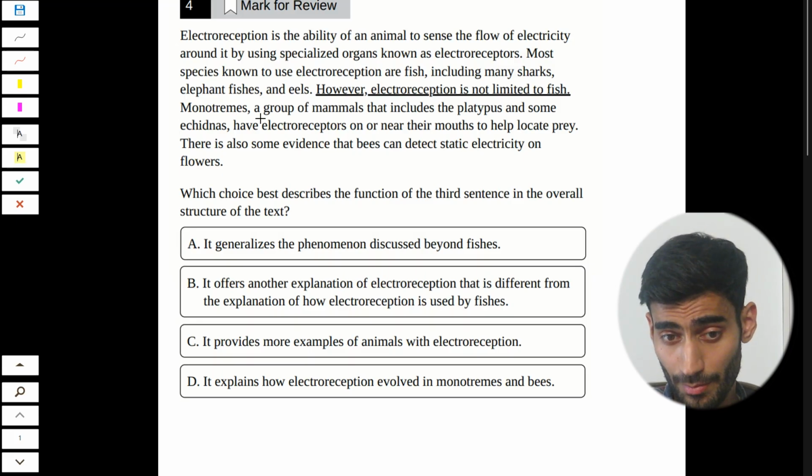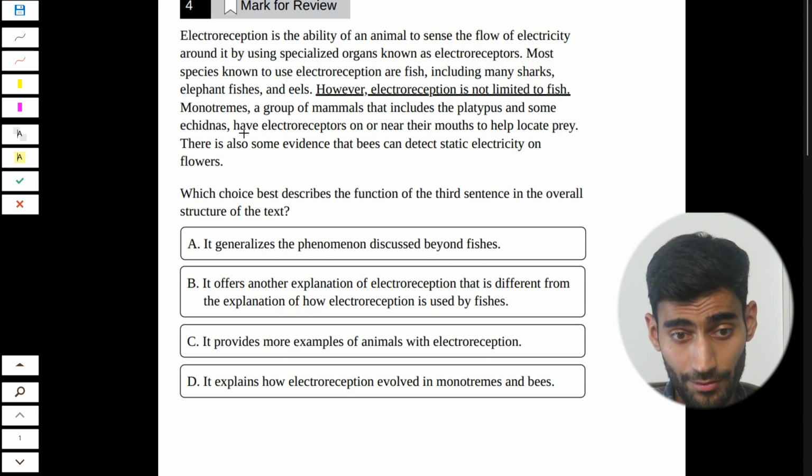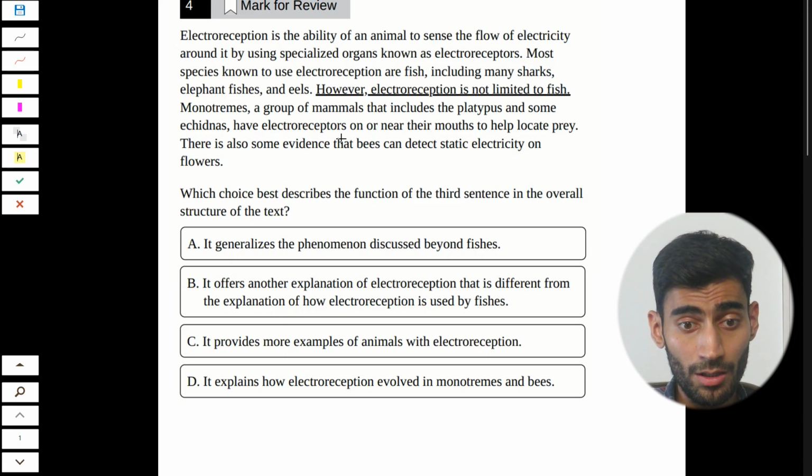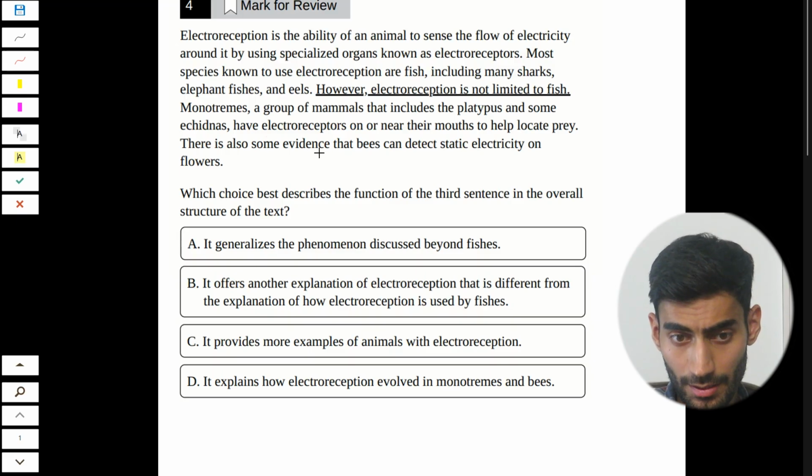Monotremes, a group of mammals that includes the platypus and some echidnas, have electroreceptors on or near their mouths to help locate prey. There is also some evidence that bees can detect static electricity on flowers.